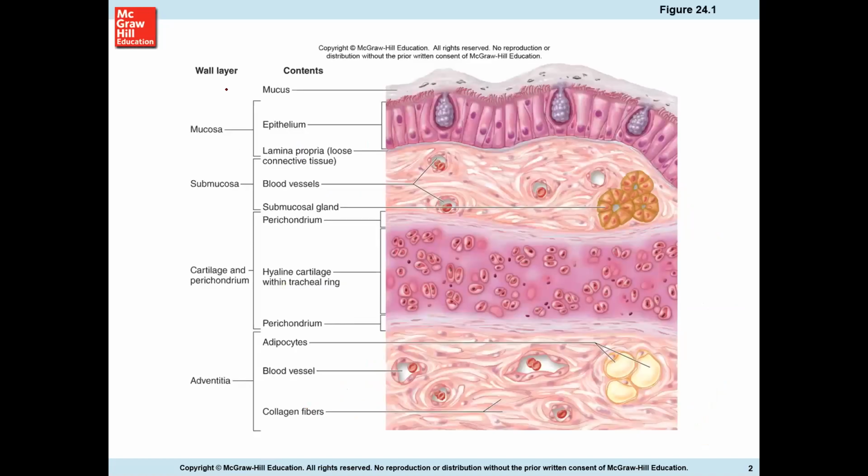So this is the histology of the upper respiratory system for the most part, especially the trachea. Oh, there's some cells that aren't here, not really telling you the whole story here. But this is a general layers of the upper respiratory. Like here's the lumen where the air is traveling, right? The oxygen, carbon dioxide, nitrogen.